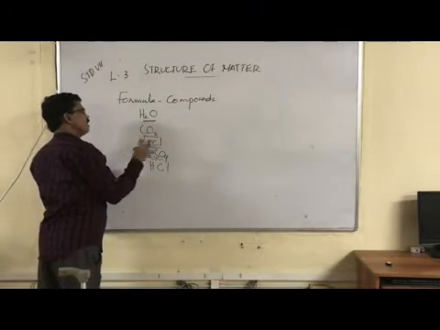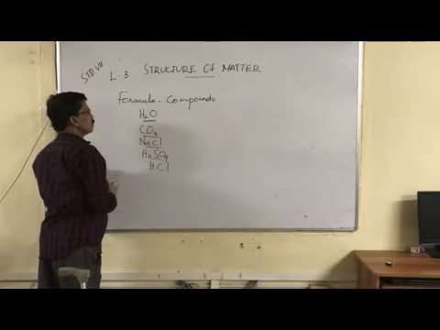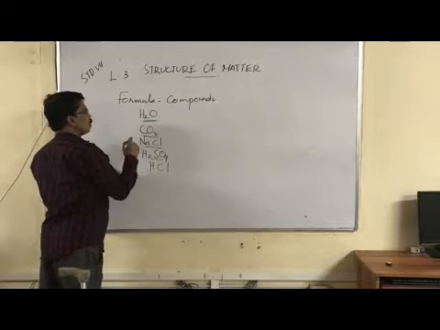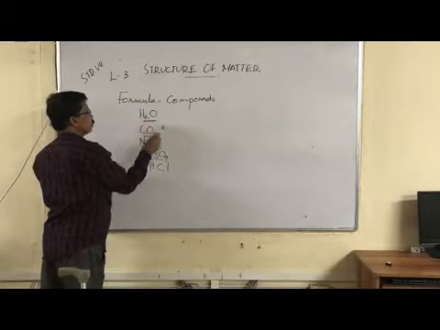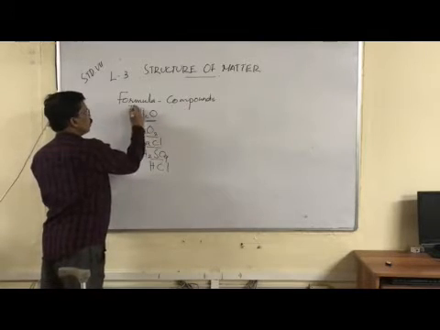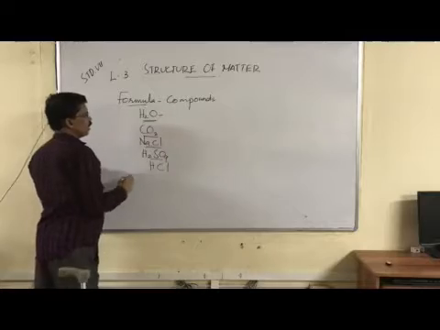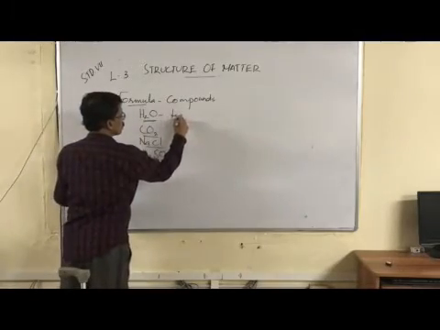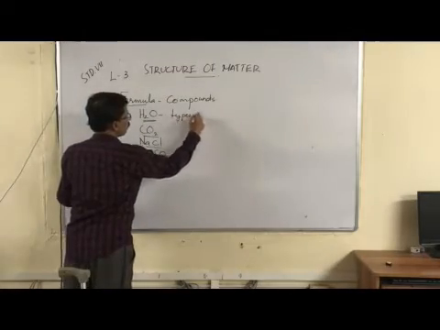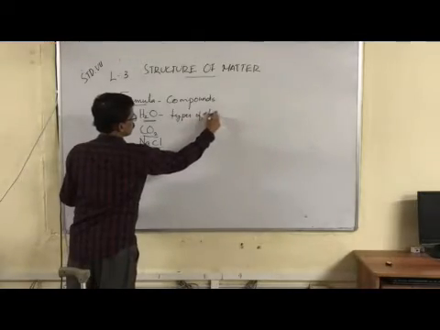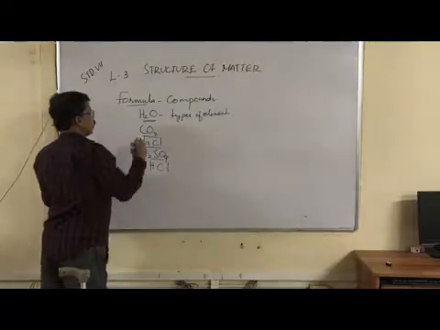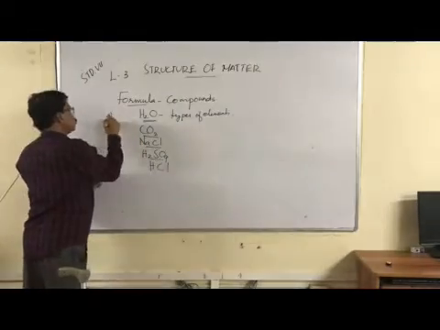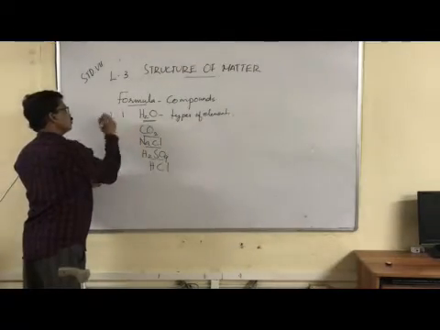Actually, what idea does the formula give us? The formula gives us how many types of elements there are in a compound. Now, in this, hydrogen is 2 in ratio and oxygen is 1.